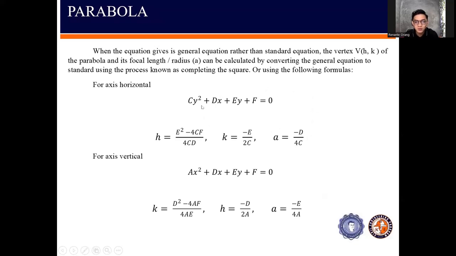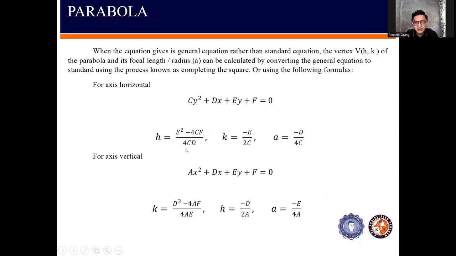Ayan. So, do you have cy squared plus dx plus ey plus f is equivalent to 0. Pag hahanapin mo yung h, that is e squared minus 4cf over 4cd. Pag k yung hahanapin mo, that is simply negative e over 2c. And if a, yung hahanapin mo, that is negative d over 4c.